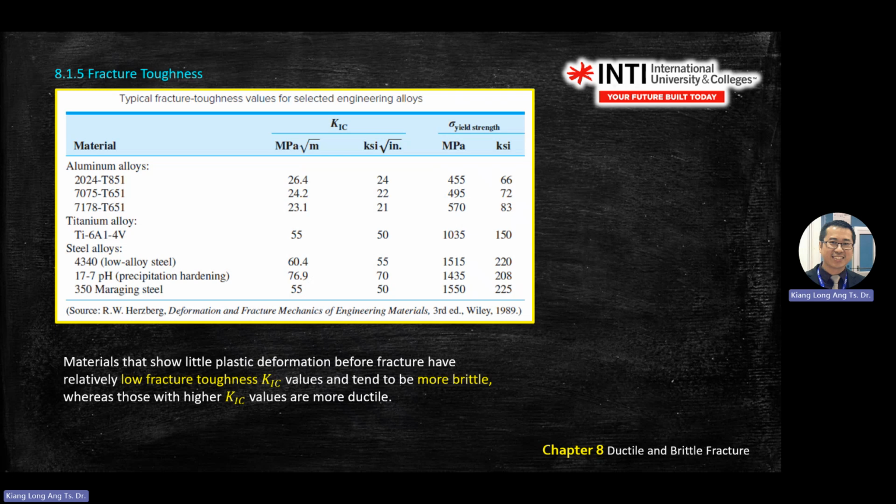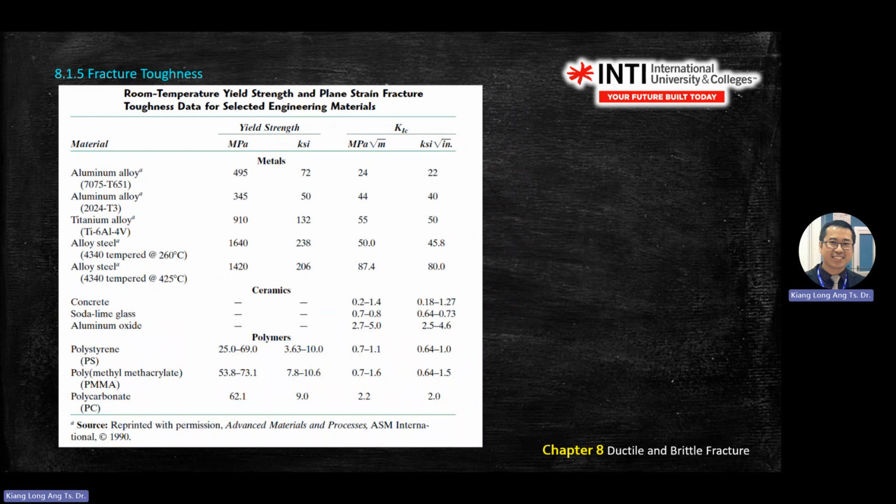Or another way of saying it is titanium has a higher KIC, meaning titanium is more ductile compared to aluminium. It's the same meaning. This is another table, same materials, yield strength and KIC. Only the position is flipped. So you will see either this table or this table in the test. Then look at the KIC value, then you describe which one is more brittle, which one is more ductile.